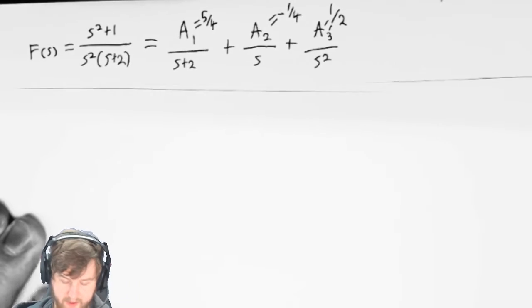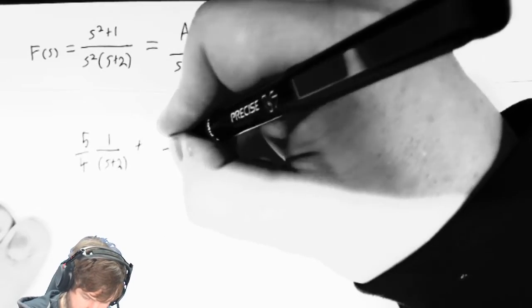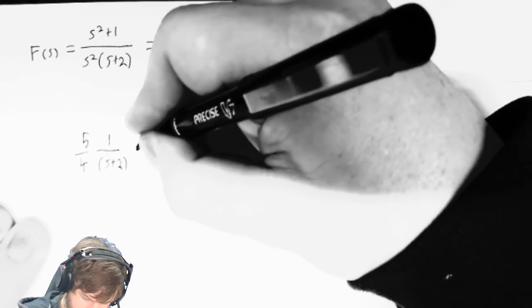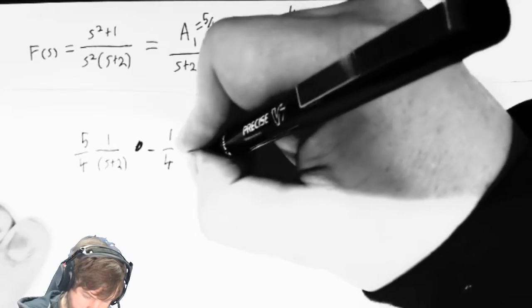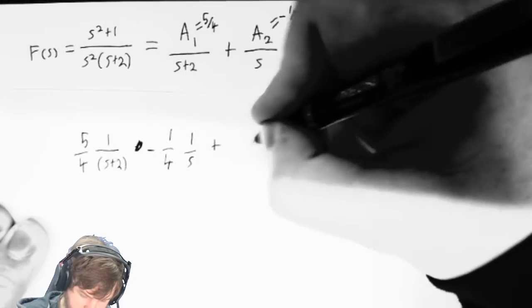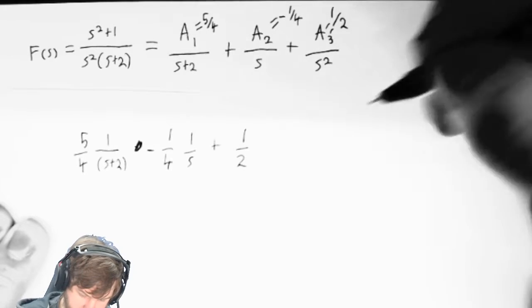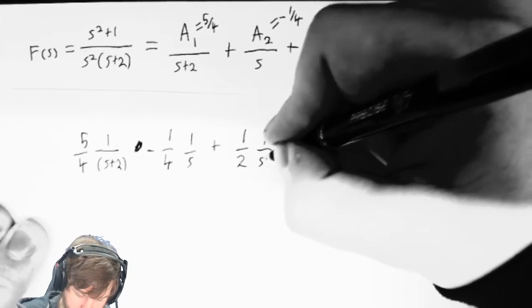If we multiply everything out, we end up with 5/4 times 1 over s plus 2, plus negative 1/4 times 1 over s, plus 1/2 times 1 over s squared.